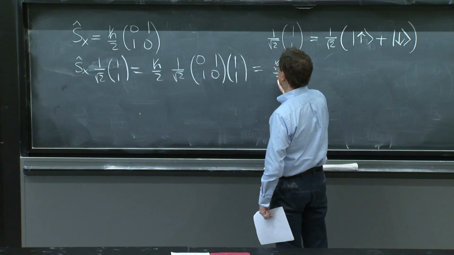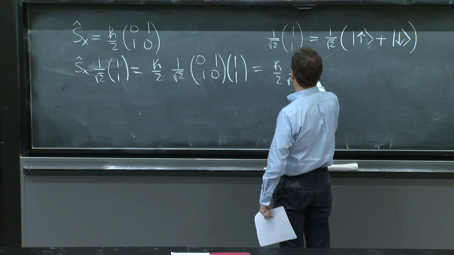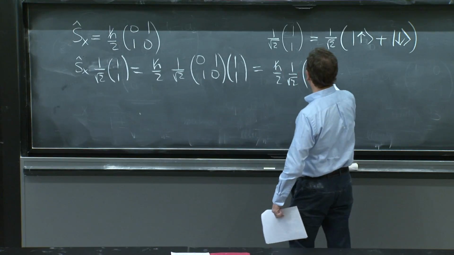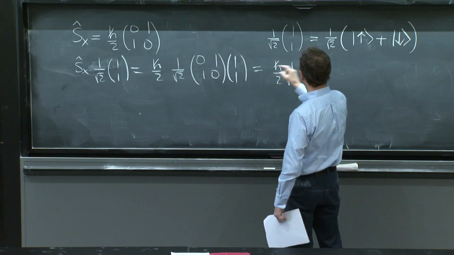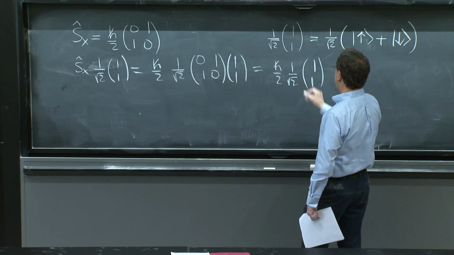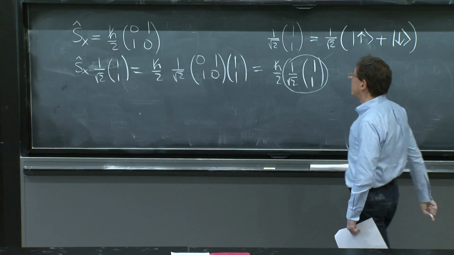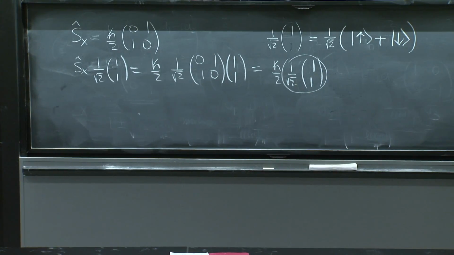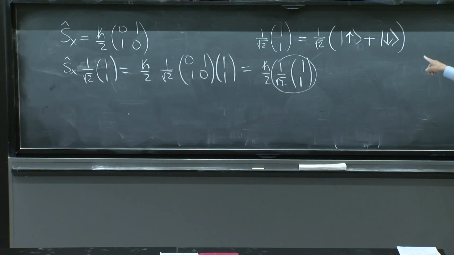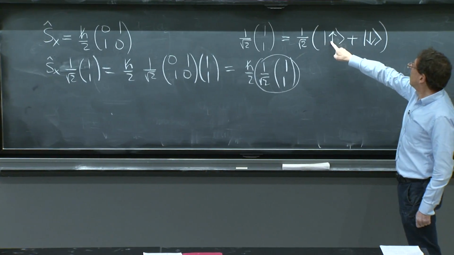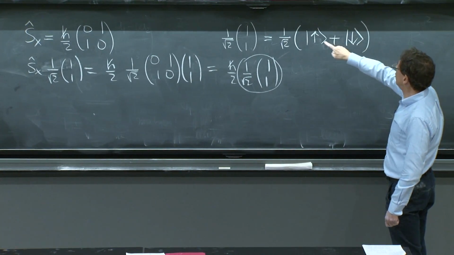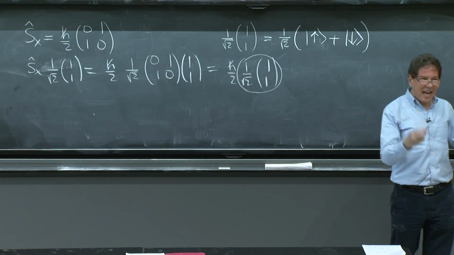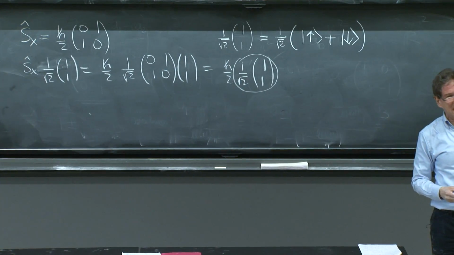It's h bar over 2, 1 over square root of 2, and that gives me 1, and another 1. Oh, I got the same vector I started with. It is an eigenstate. So this thing, this plus and down superimposed, is an eigenstate of Sx.